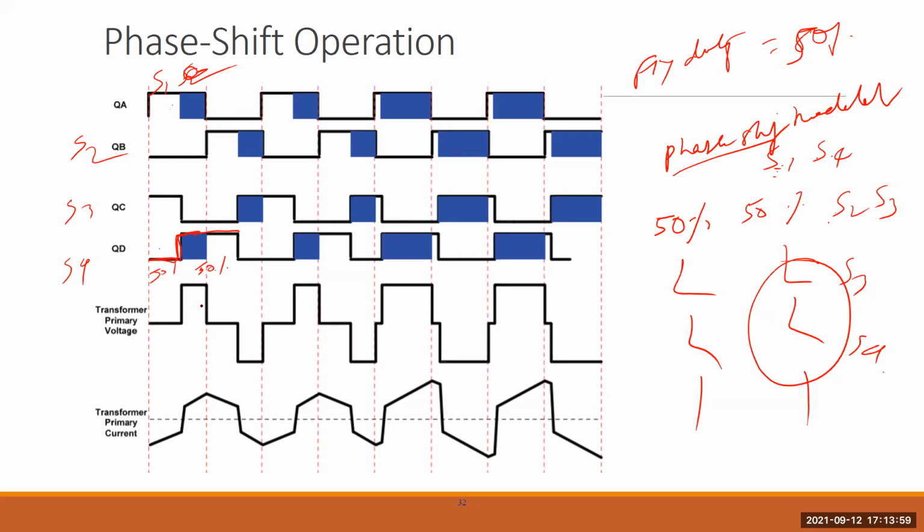Voltage appears at the output whenever there is an overlap, which is this. Whenever there is an overlap, which is this. So this way you can still maintain the transformer peak current quite high, half L i square.